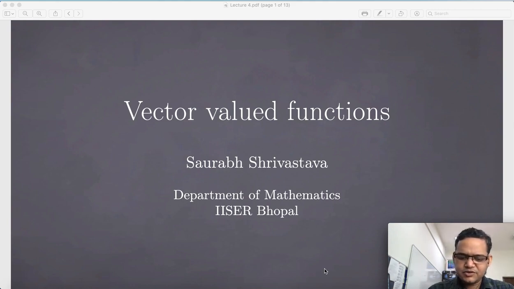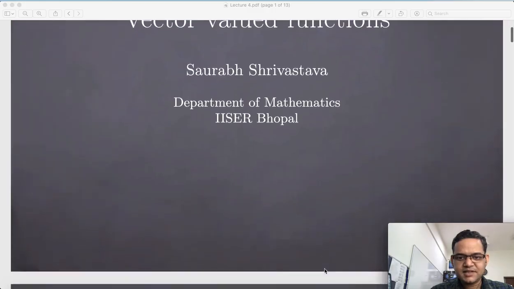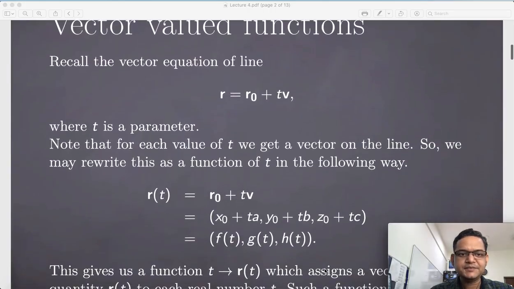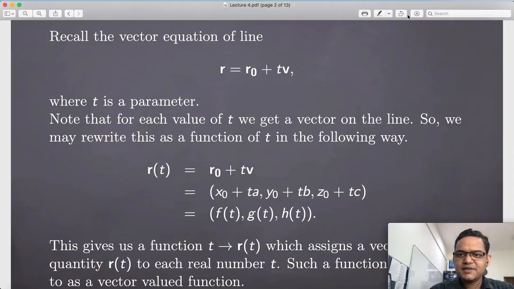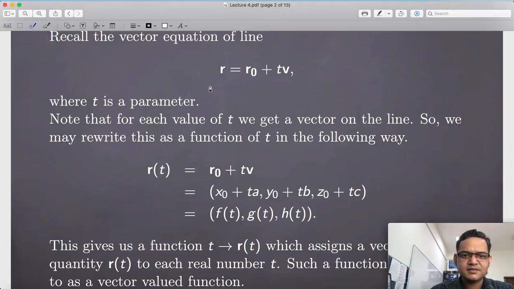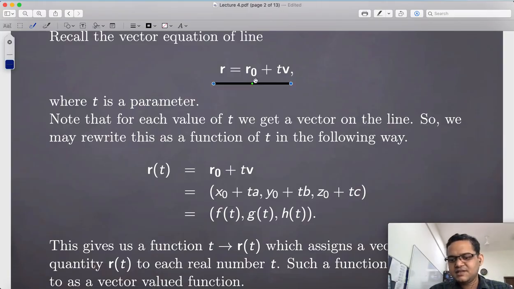Vector valued functions, as the name suggests, involve vectors. We have actually already seen an example of this, so we begin with that. Recall when we started talking about the equation of a line, the vector equation of the line was given by r = r0 + t b, where r0 is the position vector of a fixed point P0 on the line, t is a parameter, and b defines the direction of the line.